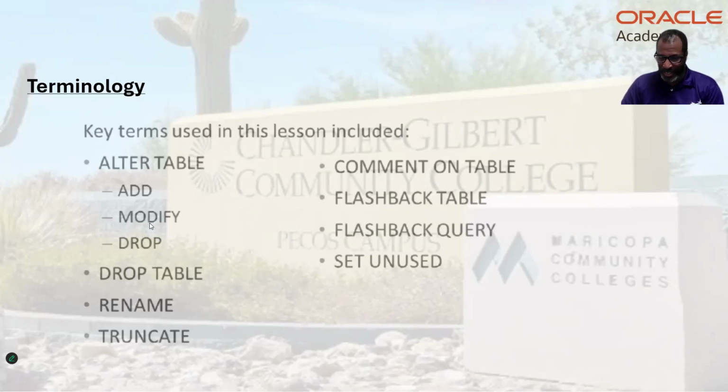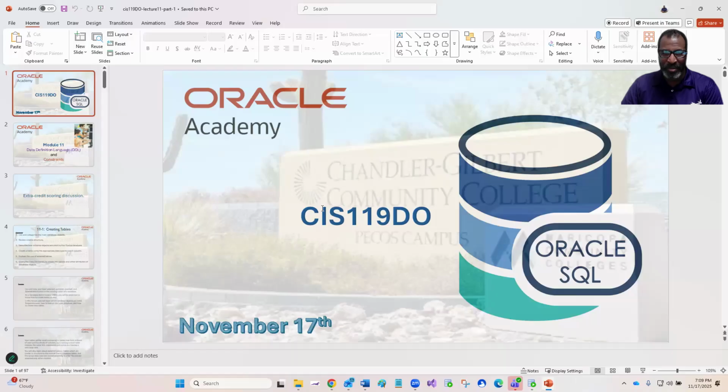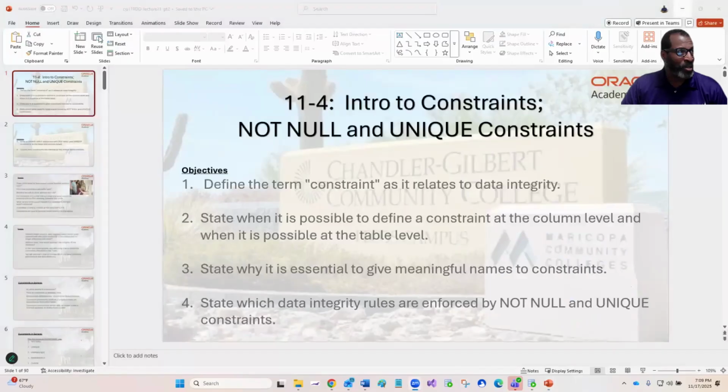All right. Believe it or not, that's the end of part one. We're going to segue right into part two. So that's primary DDL, data definition, basically the way to change your tables.